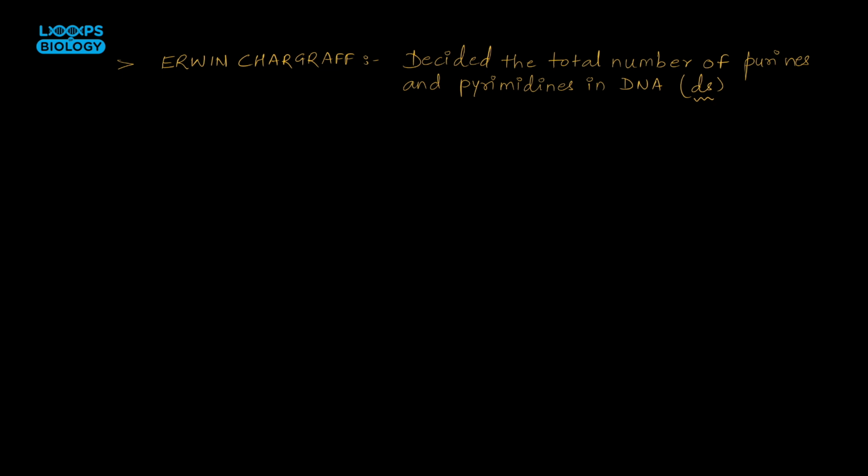Otherwise, Erwin Chargaff's rule is completely flawed. So Erwin Chargaff, who gave you Chargaff's rule, is basically saying that in case of double-stranded DNA structure, the purine to pyrimidine ratio is always going to be 1. So what does this mean?